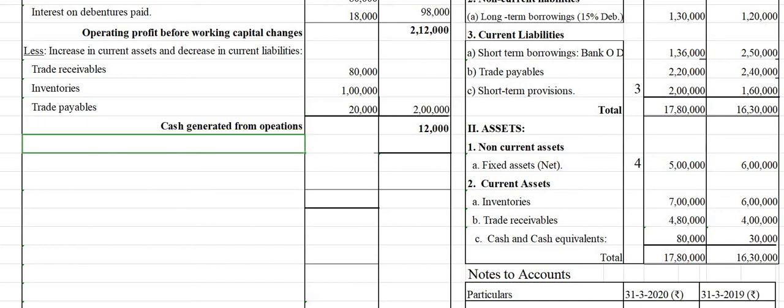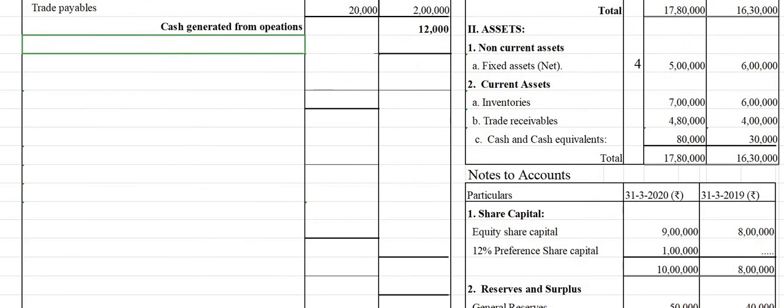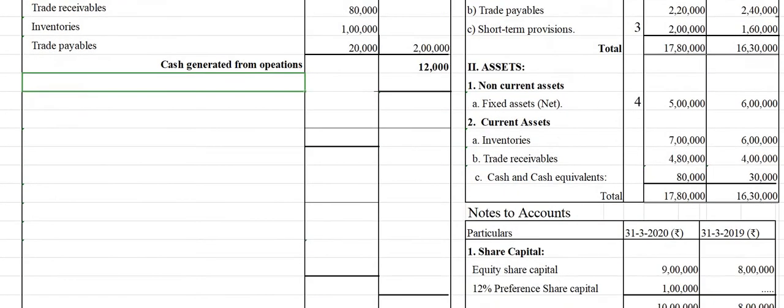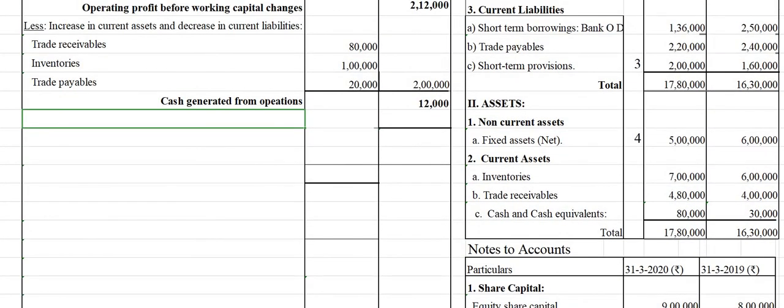Now from this we have to deduct income tax paid. Is tax paid given here anywhere? No, it is not directly given. So we have to find it out, from where tax-related information is given. See here, we can see short-term provisions, note number 3.